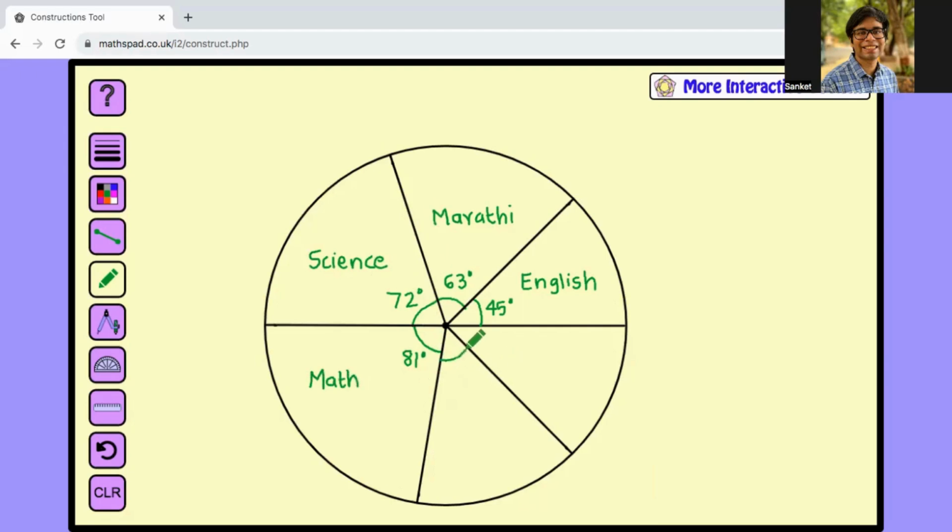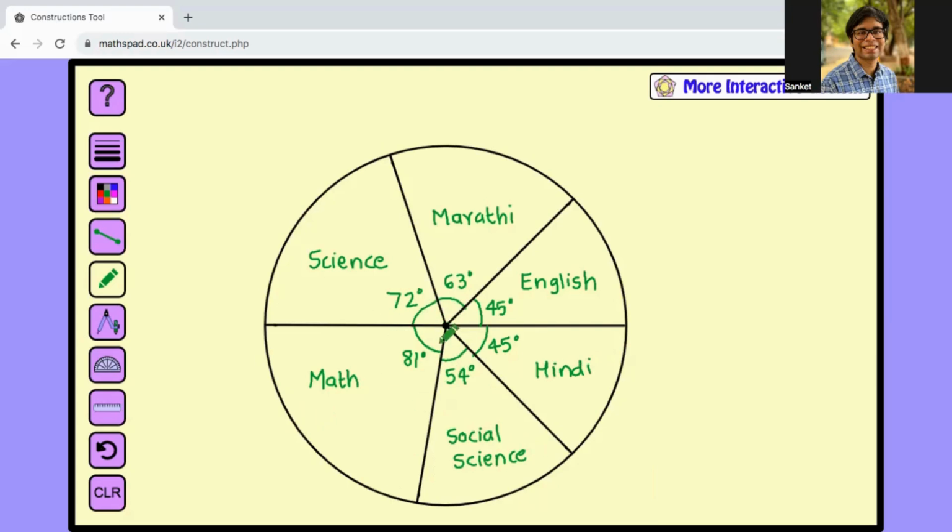Mark this angle as 54 degrees. Label this as social science. And this as 45 degrees. Label this as Hindi.